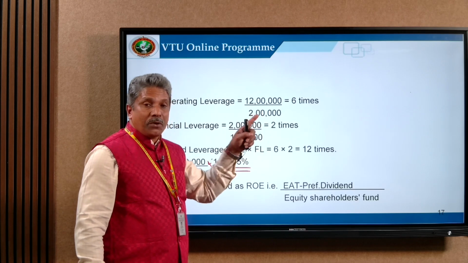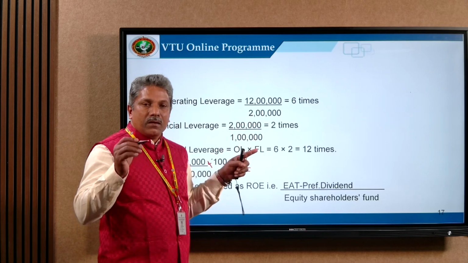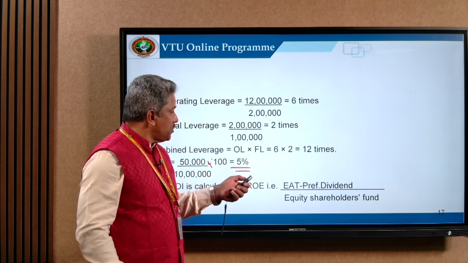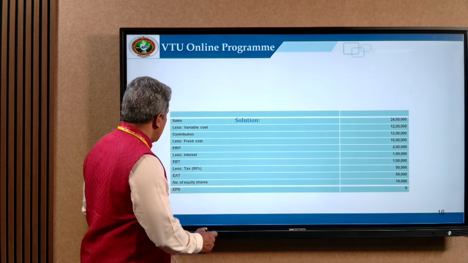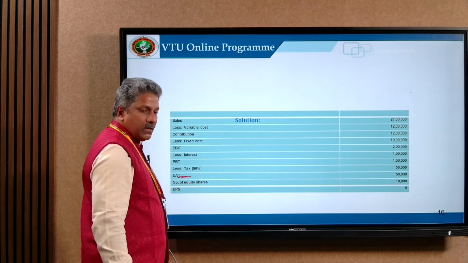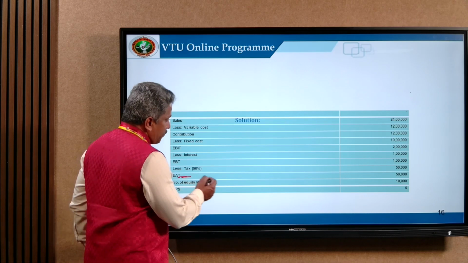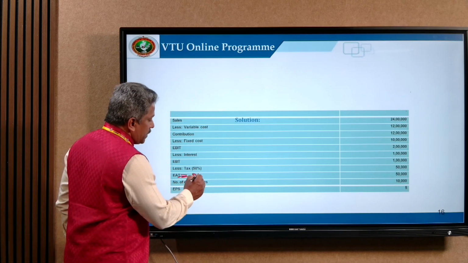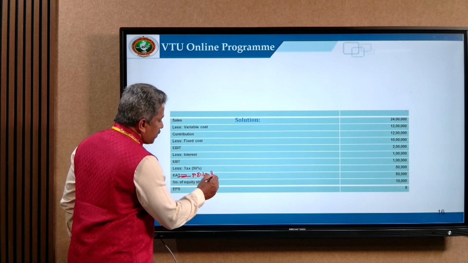In case preference shares are issued and there is a mention that they are issued, then from this earnings after tax amount we have to deduct the preference dividend to preference shareholders.